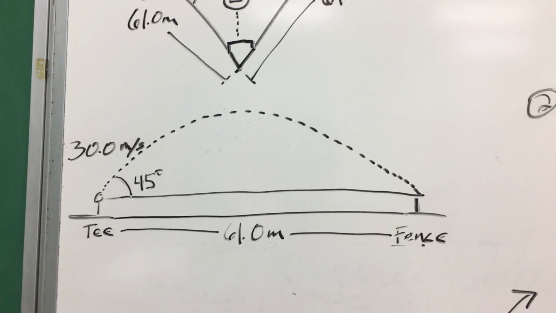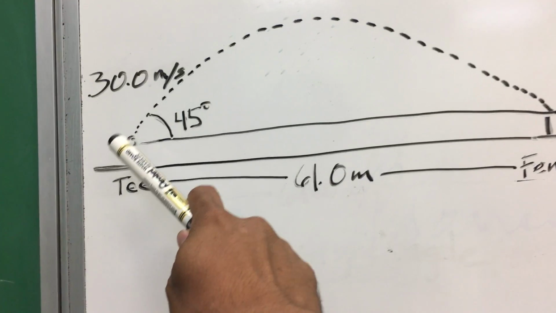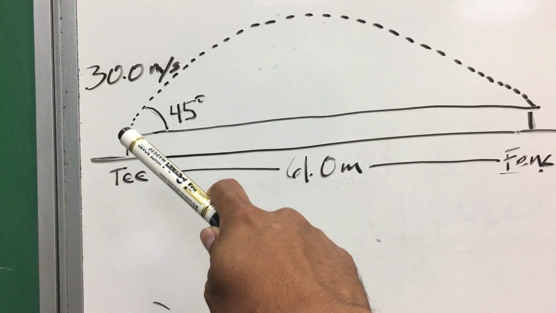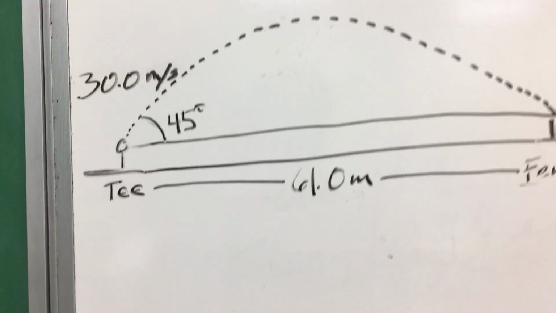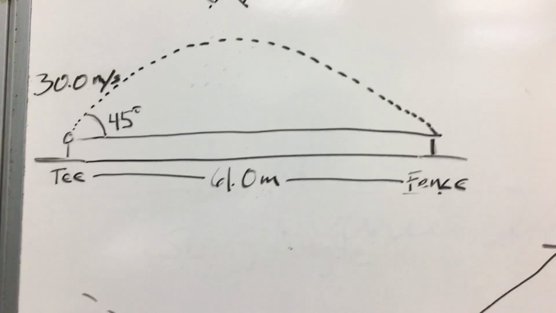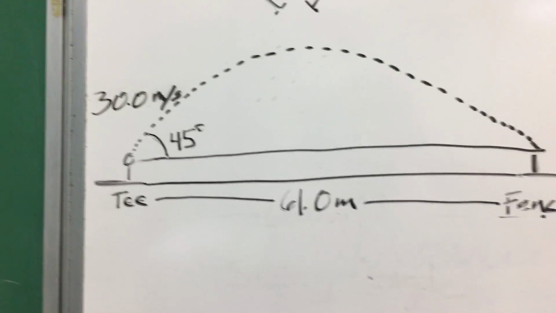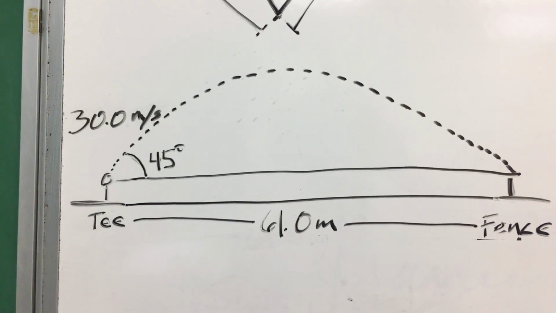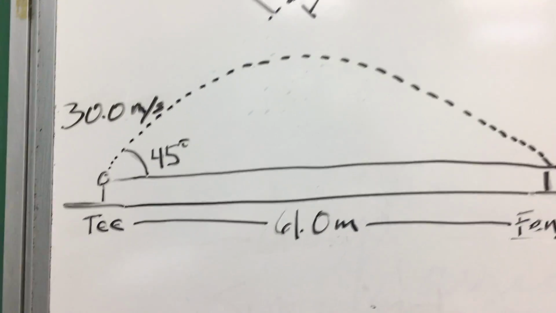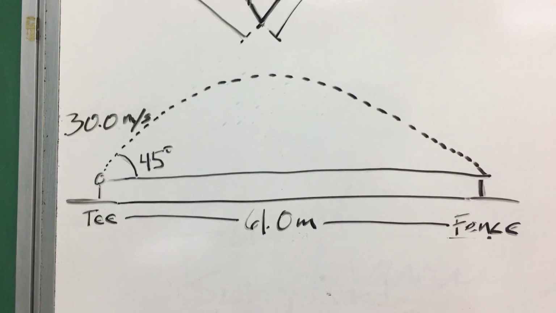Now, as we learned in our class, 45 degrees is the optimal angle to get the furthest distance on a projectile. Okay, and what we have here is I put 30 meters per second as the speed, the velocity of the baseball as it comes off the tee when it's hit by the bat.